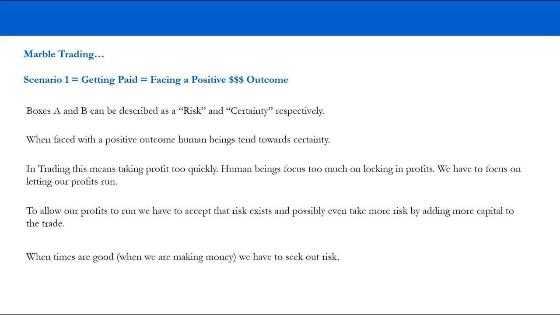It just means you're being human. But in trading and portfolio management, and in terms of risk management, you need to actually be doing the opposite.